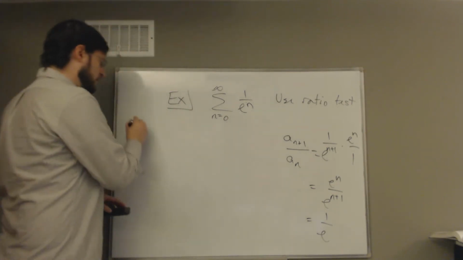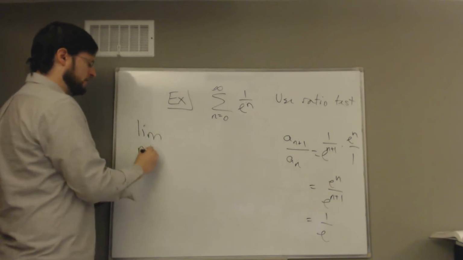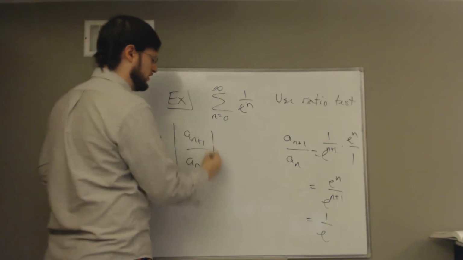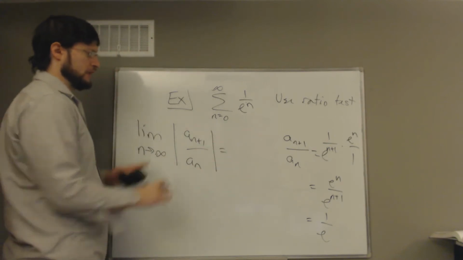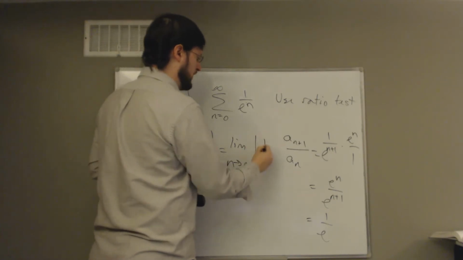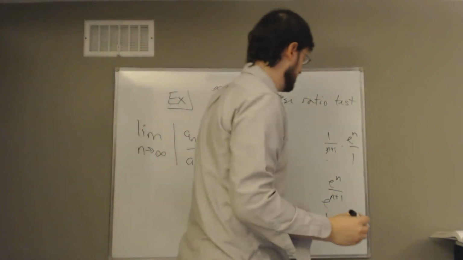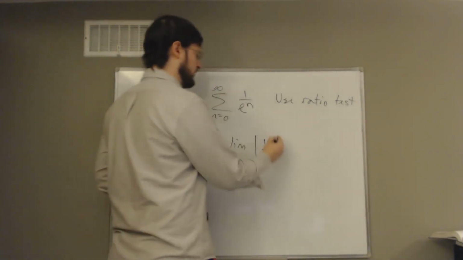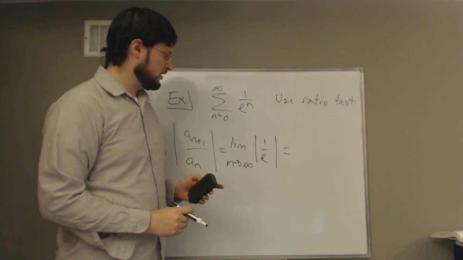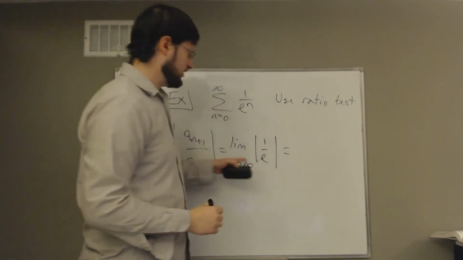Remember our next step, take the limit as n goes to infinity of the absolute value of a_(n+1) over a_n and see what we get. This is just the limit as n goes to infinity of the absolute value of 1 over e, based on our calculations. But that's already positive, so the absolute value doesn't matter here. What happens as n goes to infinity?